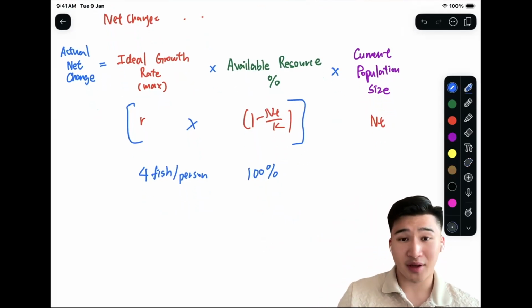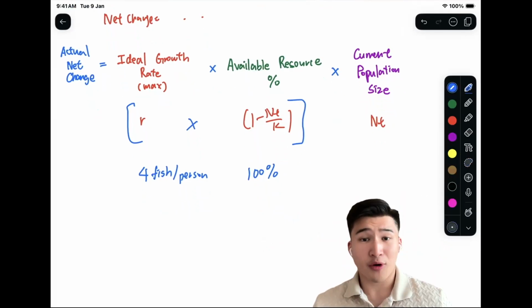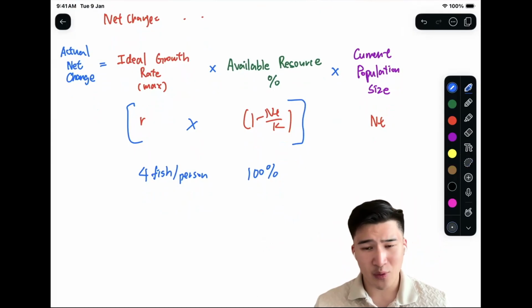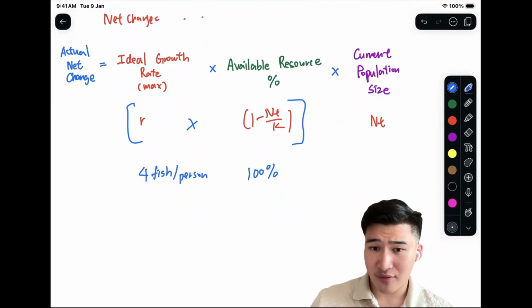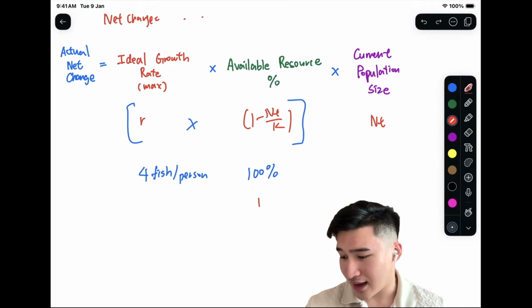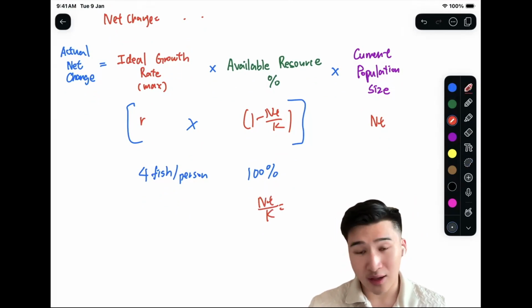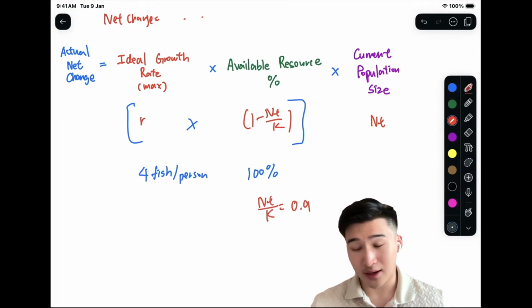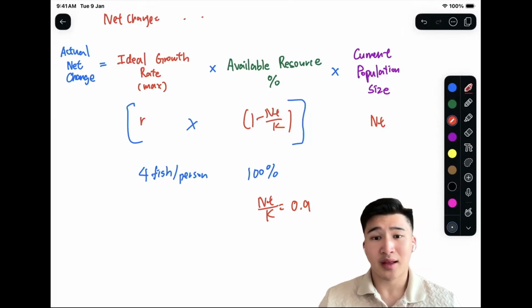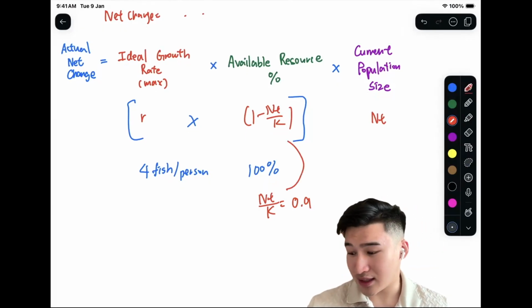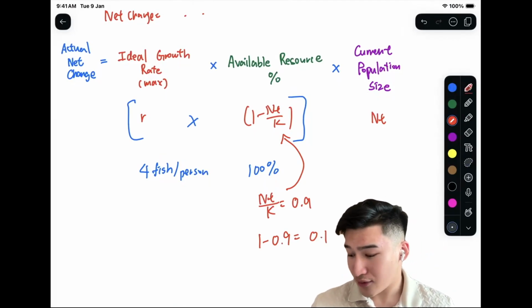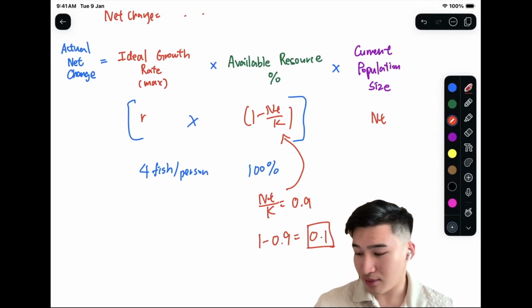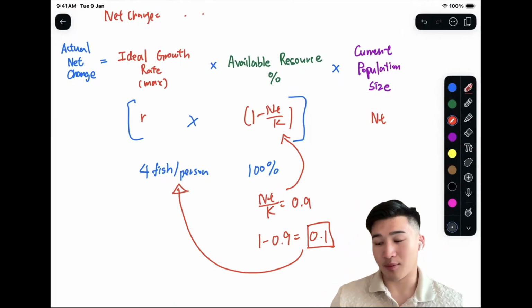Let's say right now the population has already taken a lot of space and we're close to the carrying capacity. Let's say we have already taken 90% of the capacity. What that means is N_t over K is going to be equal to 0.9. You sub this into the equation, so you'll get 1 minus 0.9, which is 0.1. Then you multiply this by 4 fish per person.